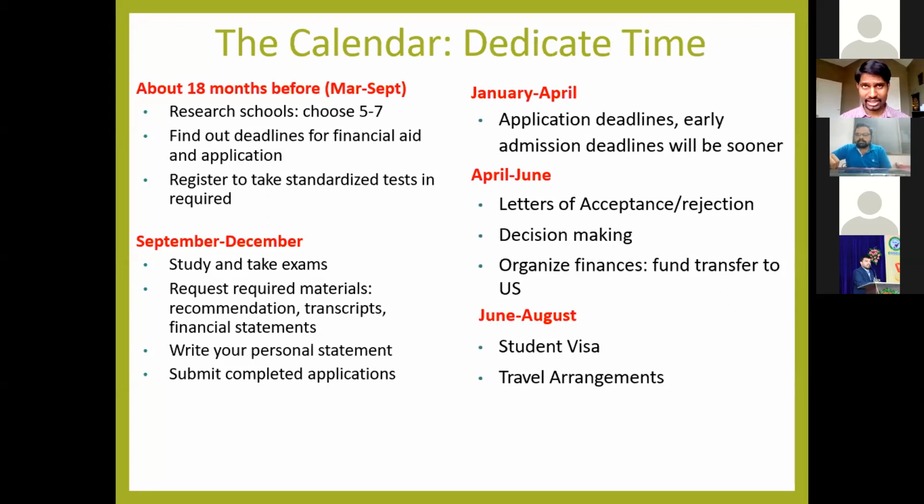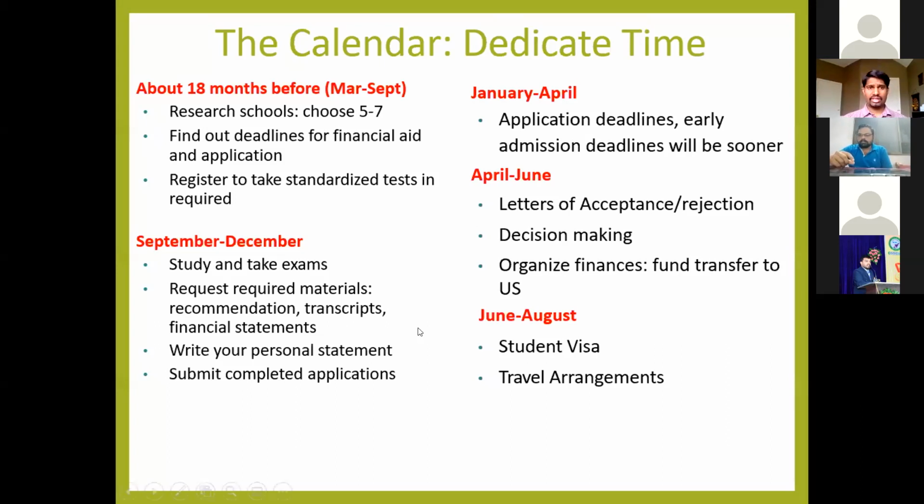Typically the average student applies to about 5 to 7 universities or schools. Remember I told you about schools, like colleges. You can apply to more because that gives you more flexibility to choose from if you have more acceptance letters from universities. Also, you have to balance that with your finances because each application will cost you about 15,000 to 20,000 rupees.